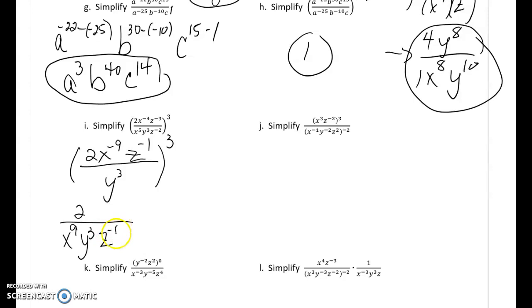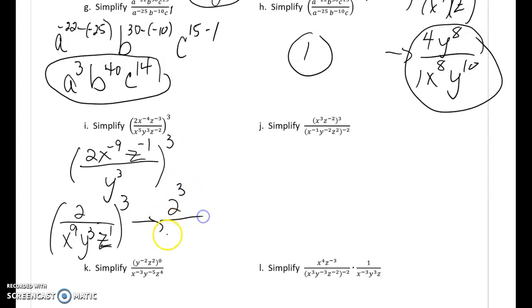They were up top, but now they're going to be in the bottom. And when we flip them, the exponent changes to a positive exponent. That takes care of the negatives, and I suggest you try to take care of the negatives as soon as possible. Now let's use that 3 as an exponent outside.